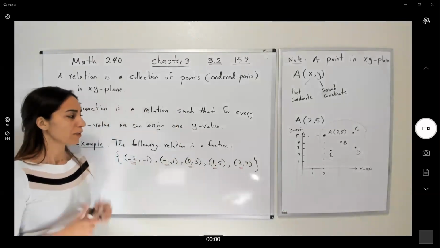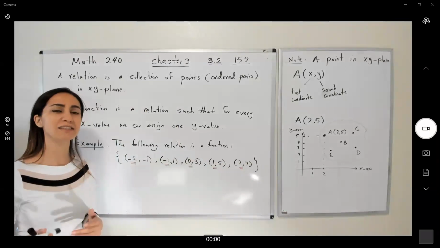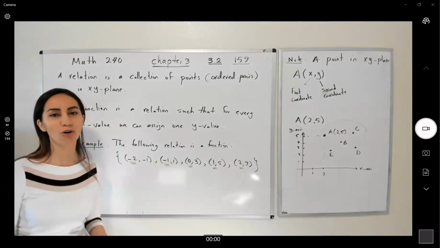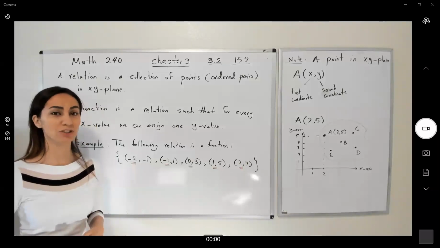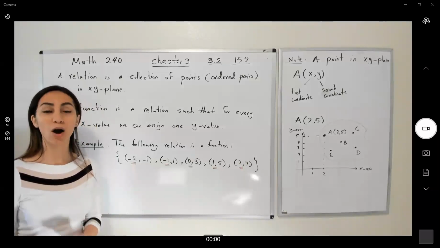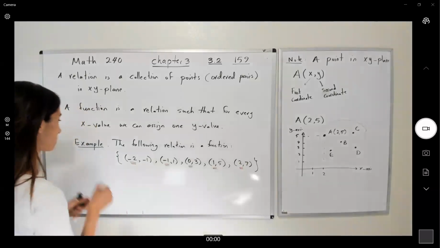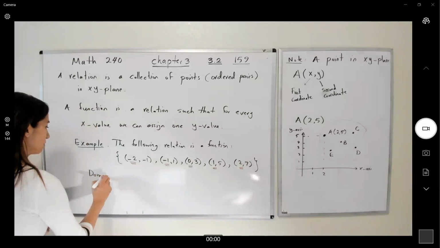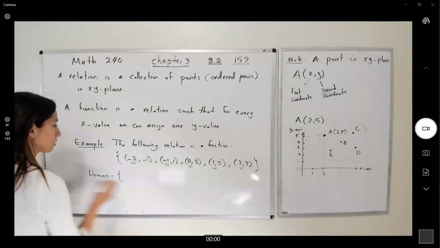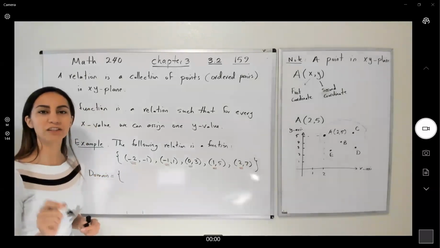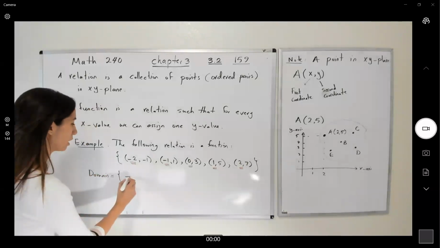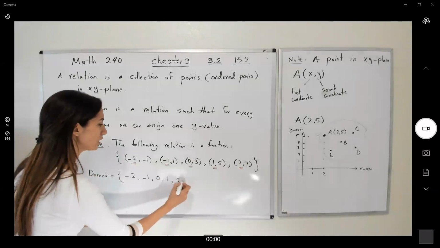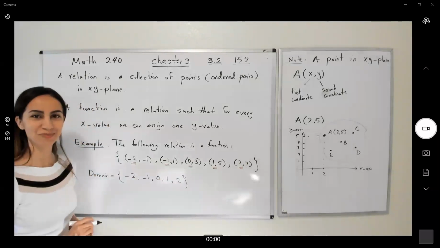So we say, let us take all first coordinates and form a new set, which we call the domain of the function. So the domain of the function includes all first coordinates: -2, -1, 0, 1, and 2.